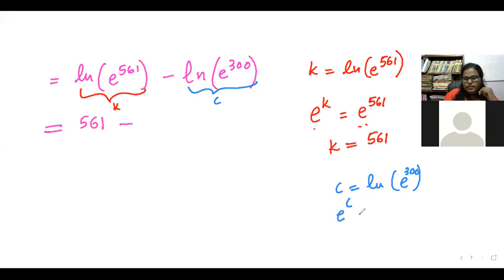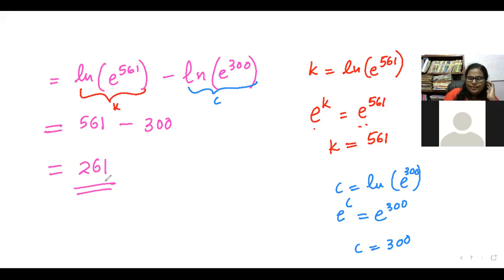So e to the power c is equal to e to the power 300, so c is equal to 300. That's why we write this as 300 here. Right? So 561 minus 300 is 261. That's the way we can get this answer 261 here. Then we'll go for the next one.